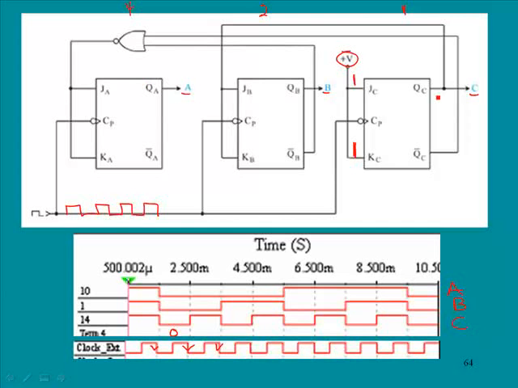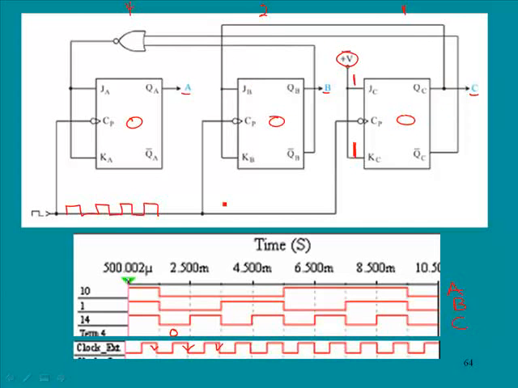Now, notice the output of C comes over here and it feeds into JB and KB, which is flip-flop B. Now, recall, initially we are at 0, 0, 0. So initially this is feeding a 0 here.